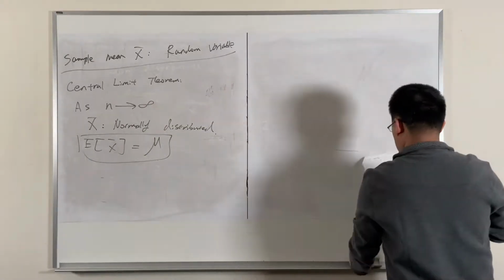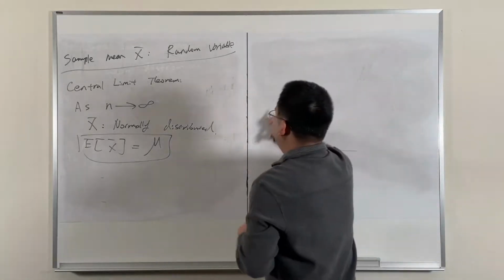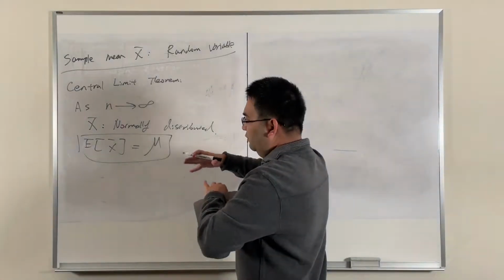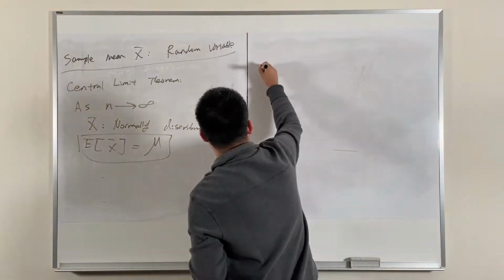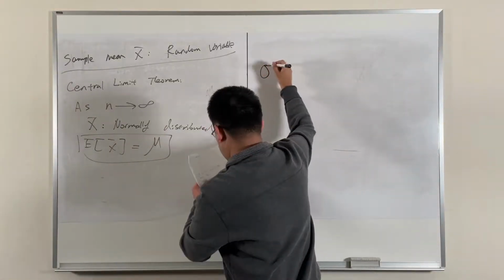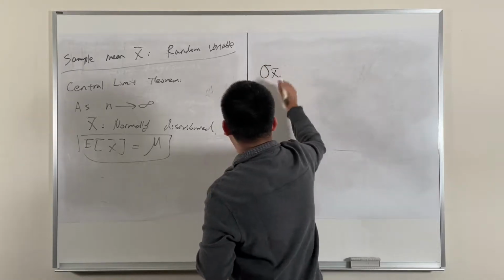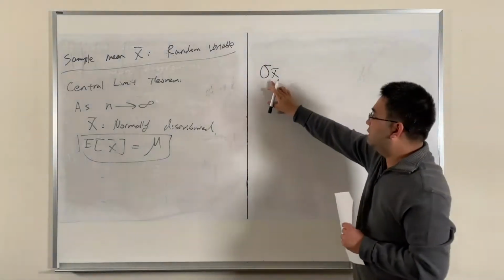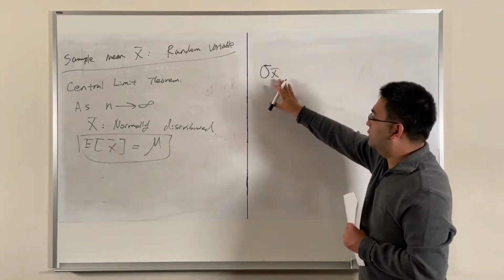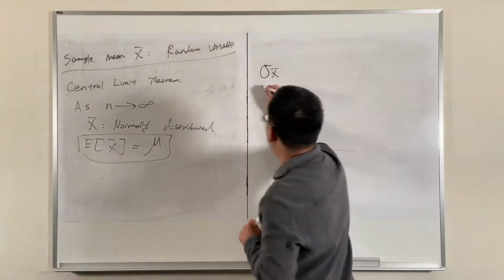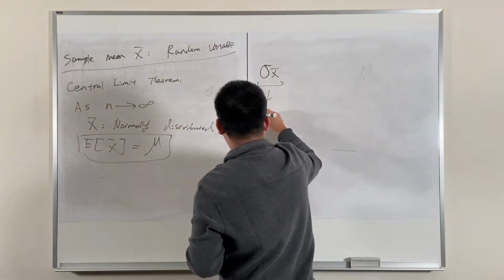Next we need to talk about the variance of x bar. Here, let's say sigma x bar is the standard deviation of our sample mean. We call this the standard error.